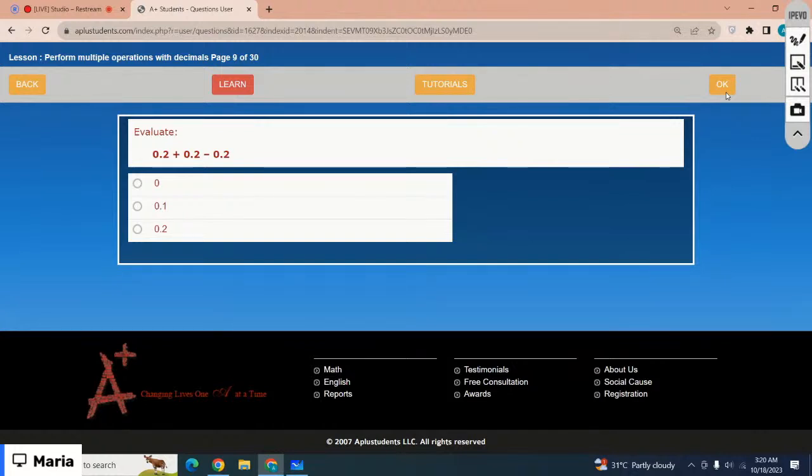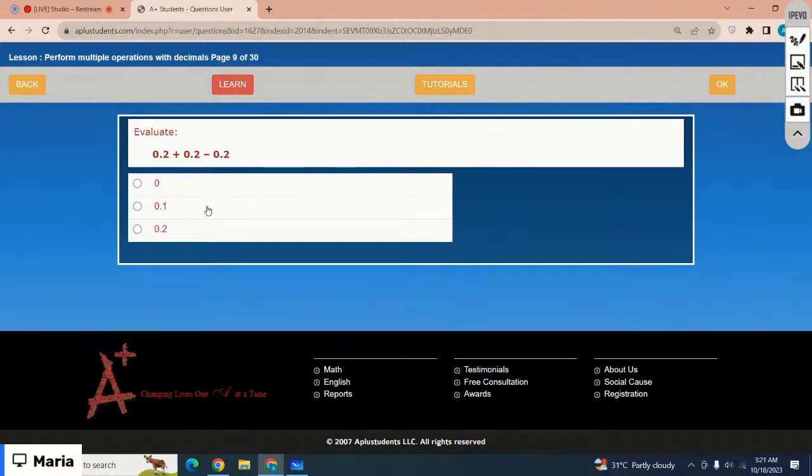So which is the correct option? Yes, that is 0.2, right?